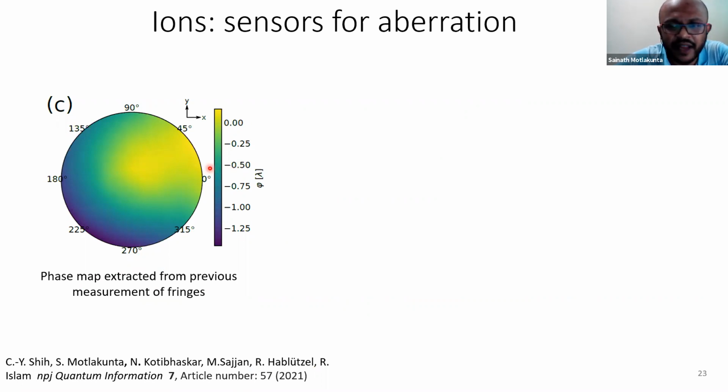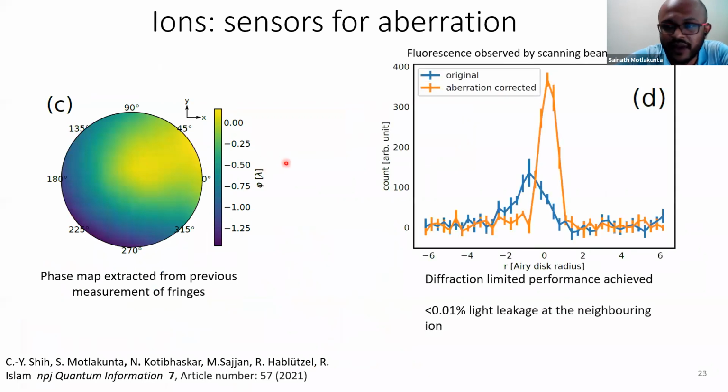To verify this claim, we scanned a laser beam across the ion before and after aberration correction. The blue curve here represents the beam profile before the aberration correction, and orange represents the one after. You can see that most of the power lies within the single Airy disk radius. We can confirm that we have achieved diffraction-limited addressing using our scheme of aberration correction.